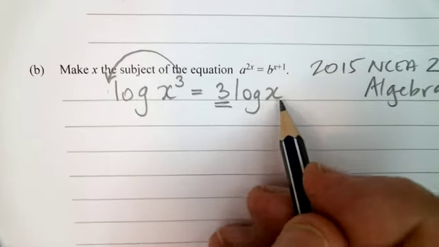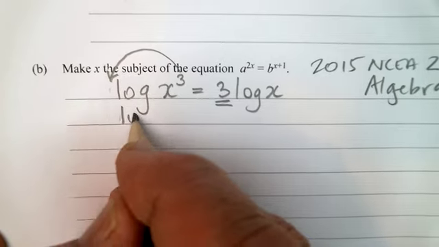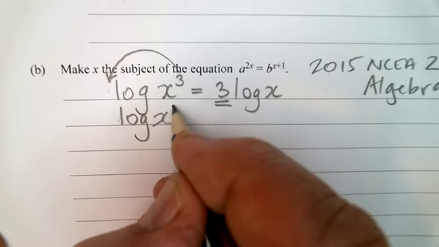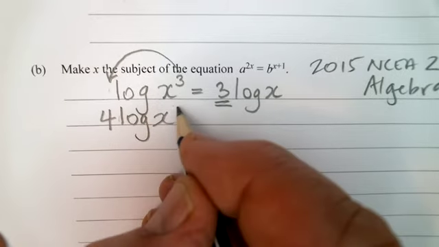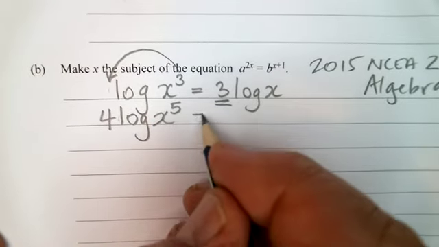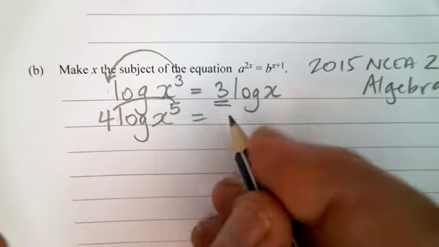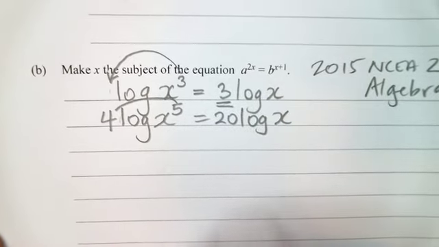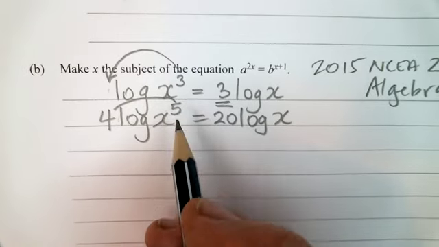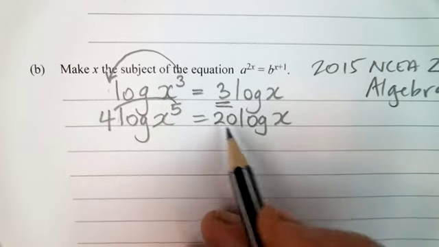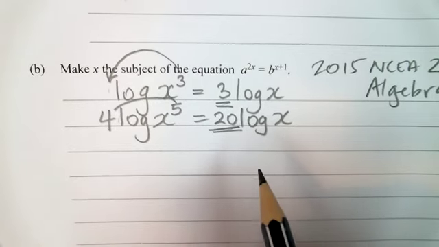Similarly, if you had 4 log x raised to the 5, then you would say 5 times 4 is 20, and you've got 20 log x. So the indice becomes the coefficient. If there's already a coefficient, you multiply the indice by the coefficient to be the new coefficient, and so on.